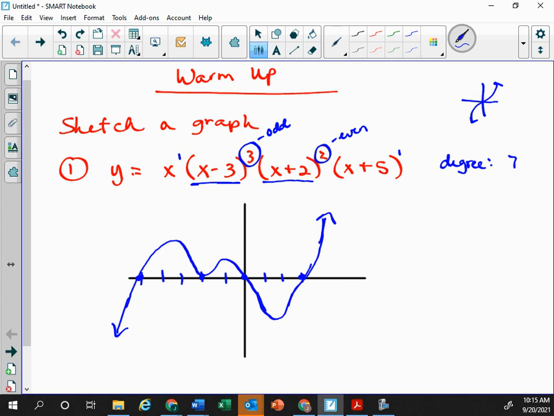Guys, that's it. Right now, you do not know enough to have any idea how high those maximums are going or how low the minimums are going. You'll learn things eventually this year where you will. But right now, when I say sketch, that's it. I'm looking for the end behavior.